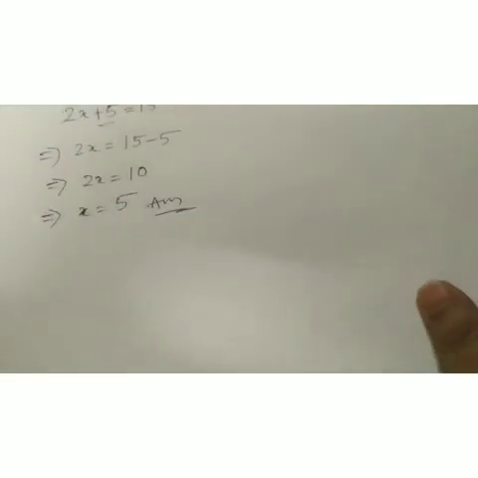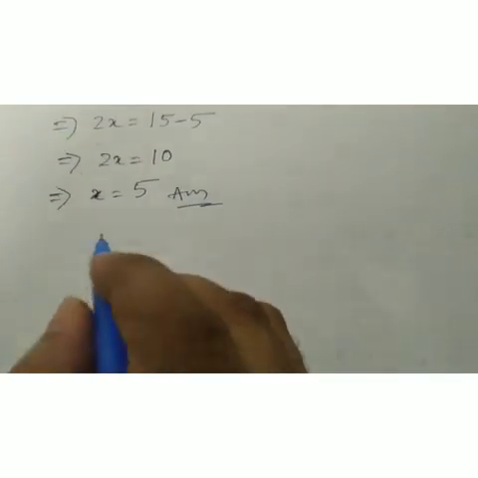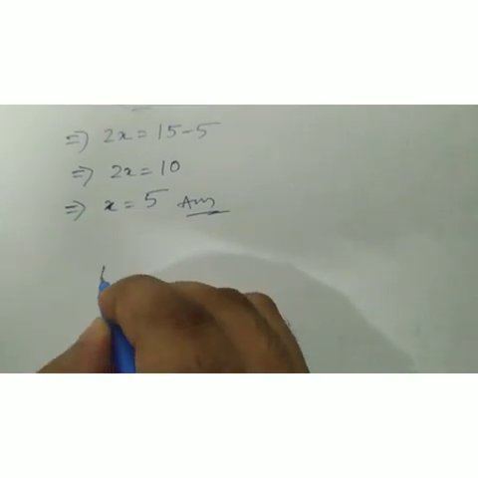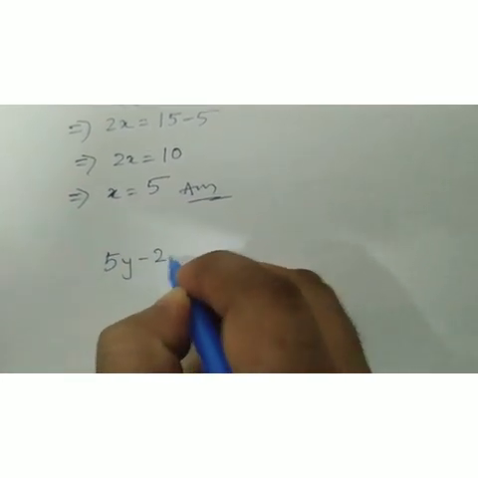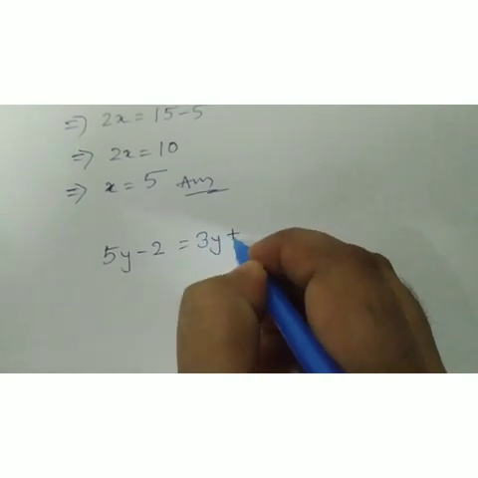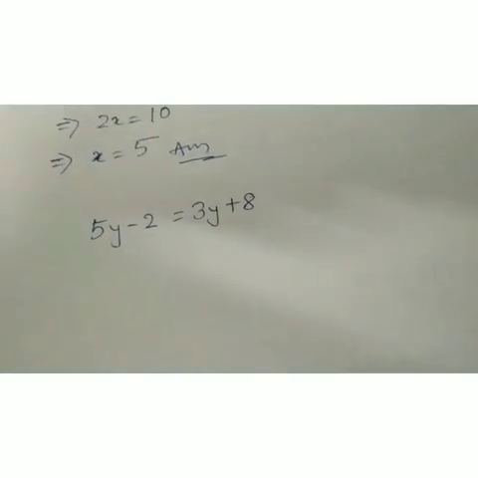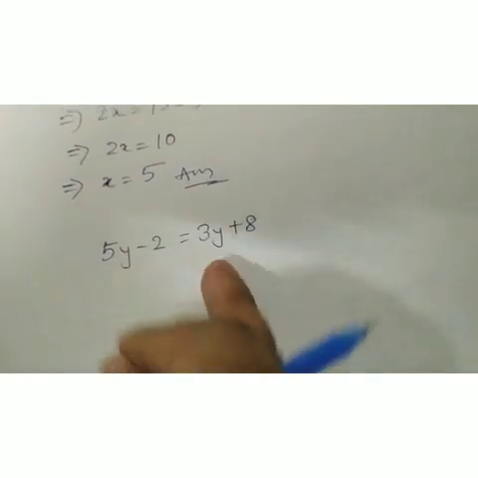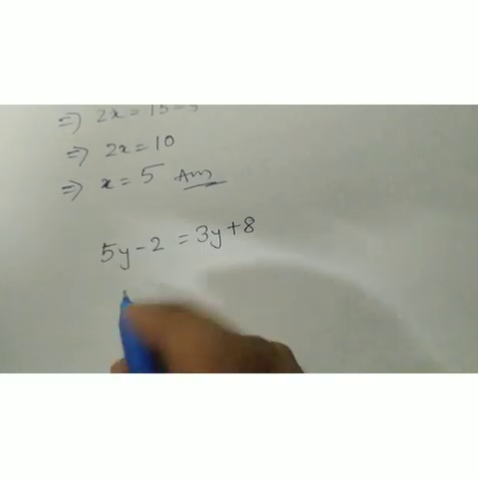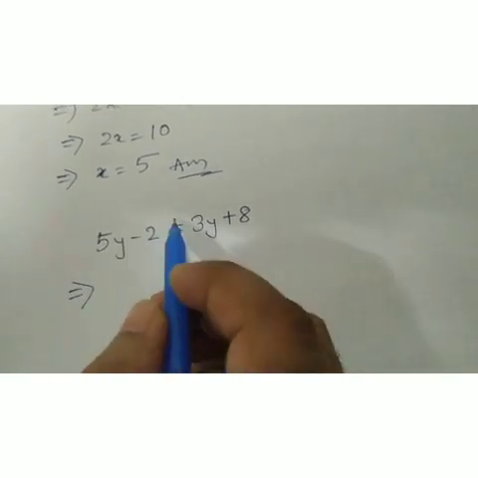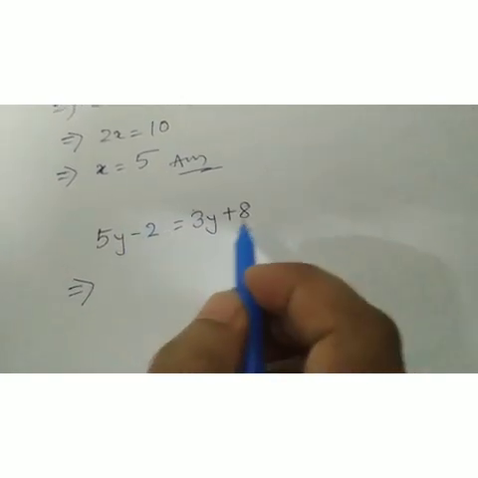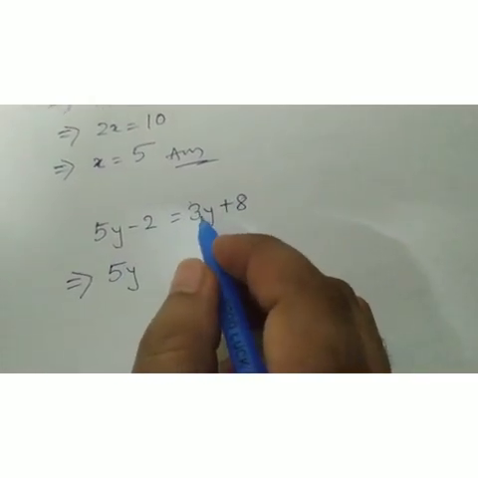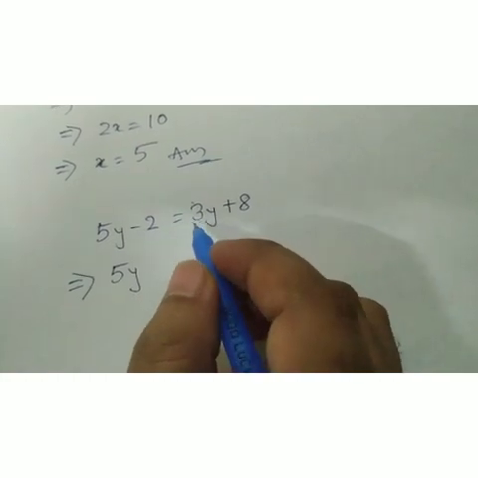Let's go to a bit more difficult problem. Let's say 5y minus 2 equals 3y plus 8. Remember, all the constants to the right side, all the variables to the left side. So this 3y I will shift to the left side, and this minus 2 goes to the right side. If you don't write any sign, it is normally plus.